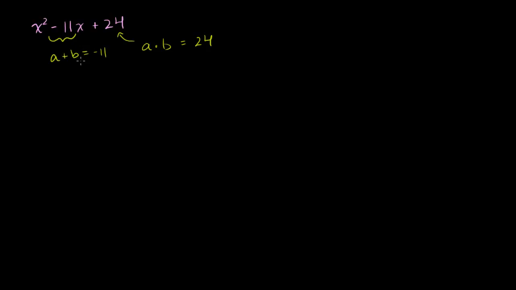So the fact that their sum is negative and their product is positive tells me that both A and B have to be negative. Remember, one can't be negative and the other positive, because then the product would be negative. And they both can't be positive because then when you add them, you would get a positive number.